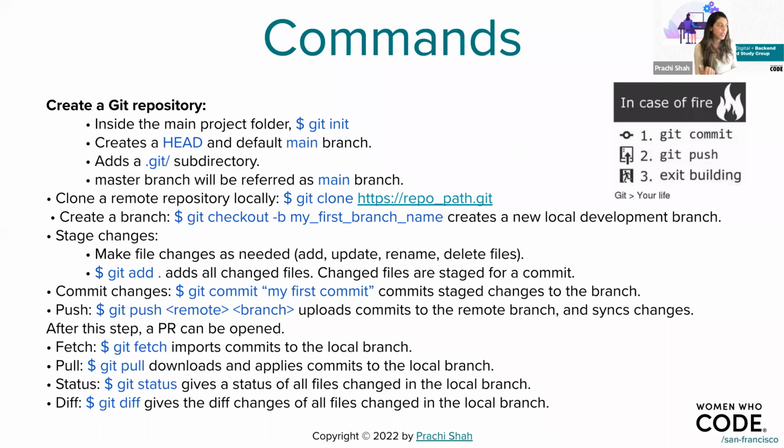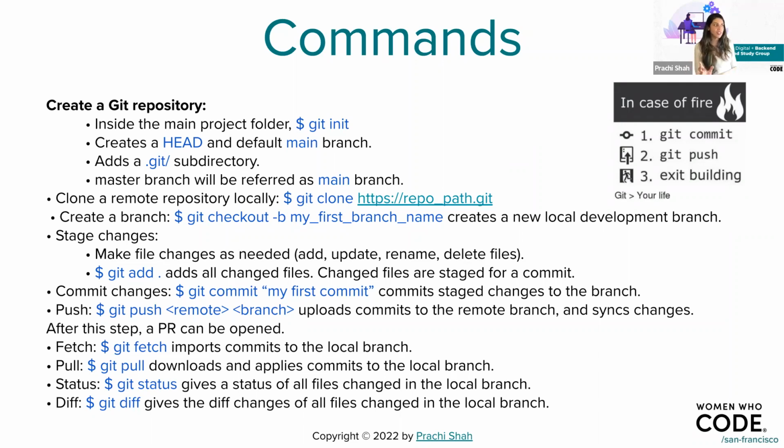Creating a branch would be like git checkout -b and the name of my branch. It can be, like, my first branch, I can just call it that. Or usually it's a Jira number, or you explain something like security bug fix. You need to name a branch. It's basically a development or bug fix branch, but you usually need to give a proper name to the branch. You cannot just say branch B1 or branch B2.